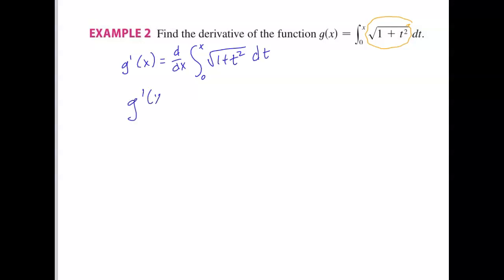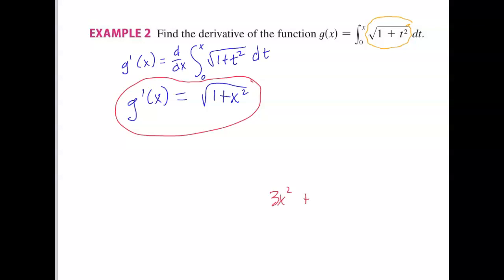So g prime is then root 1 plus, but not t, it's going to be x, just root 1 plus x squared. So when you take the derivative of an integral, they undo each other. Just like if I took some function, what's 3x squared, and I add 3 and then I subtract 3, what I'm left with is just the original function, right?